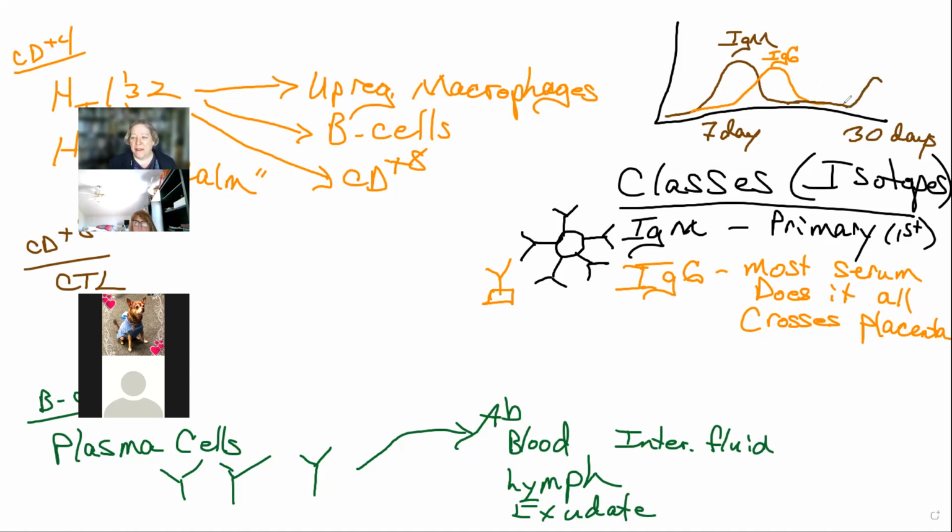I would see another bump in IgM, but at the same time, in far excess, I would see a lot more IgG. In fact, it would be higher than I've drawn, but I didn't give myself room.